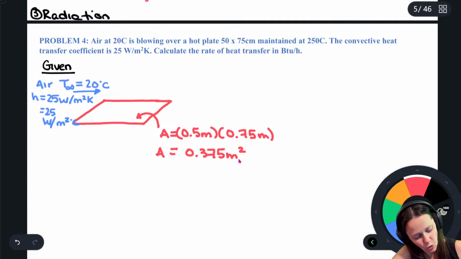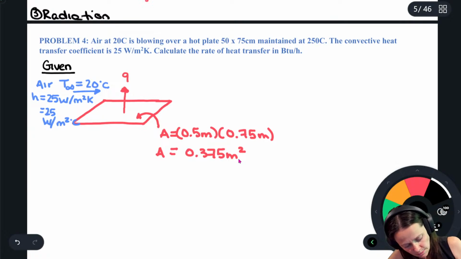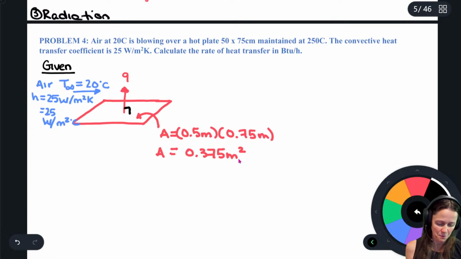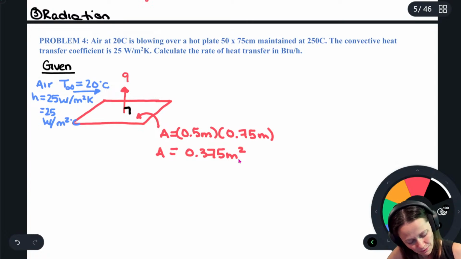Normally I'd be like, what? We got English units and we were given SI units, but no, I didn't mess up. There's always the possibility that I did, but let's go with it. We want BTU per hour. So that's what I want to find.